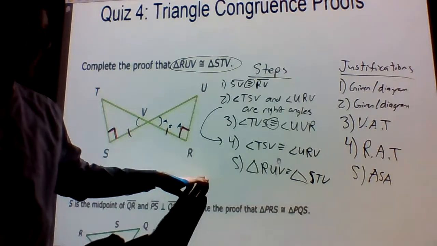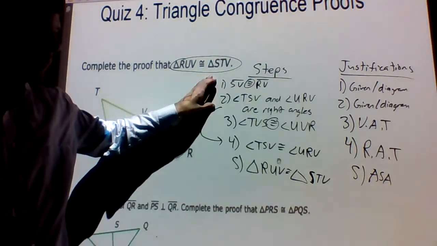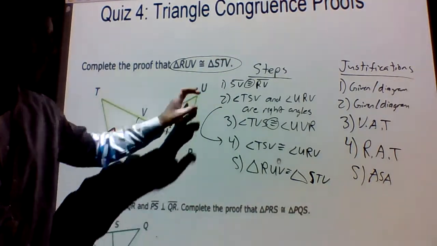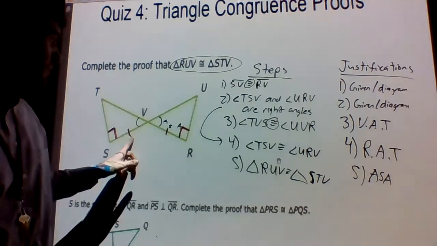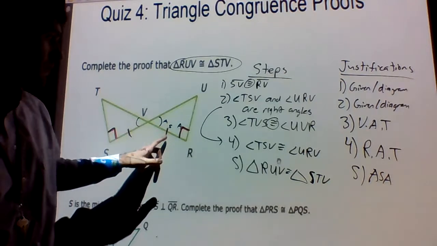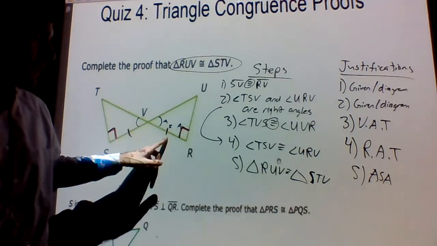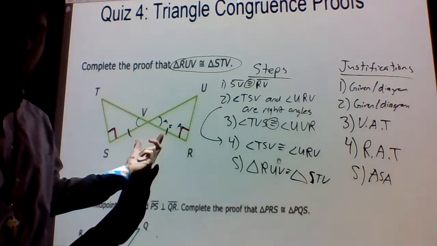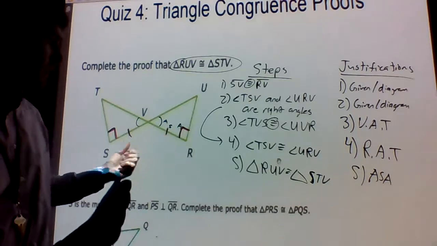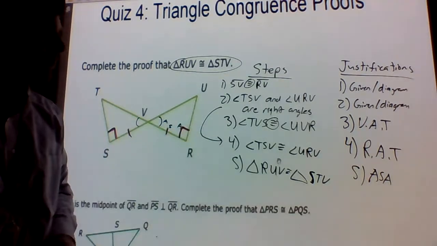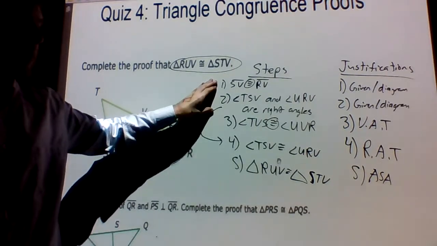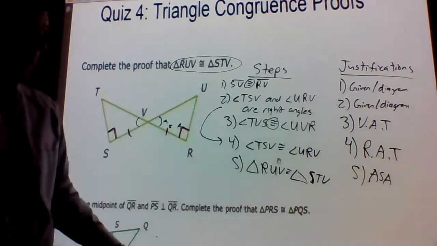So again, to summarize, we wrote the givens. We had two givens coming from the diagram, and we wrote them down. SV and RV are congruent because of the hash mark that's shown in the diagram. It also showed us that angle TSV and angle URV are right angles. So that's given. Step 2 in our process, look for vertical angles with shared sides.